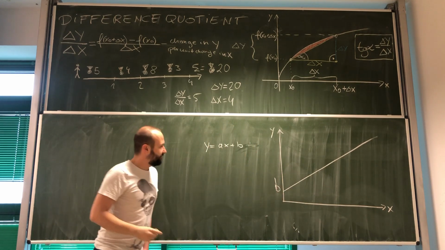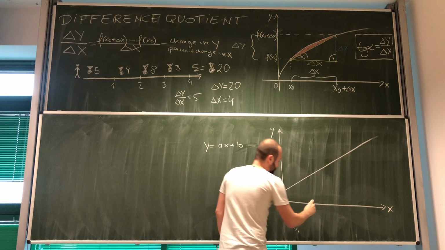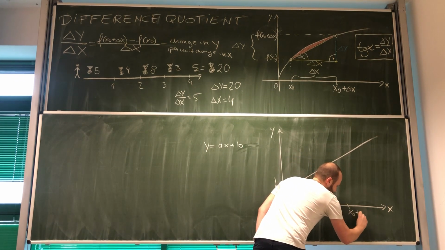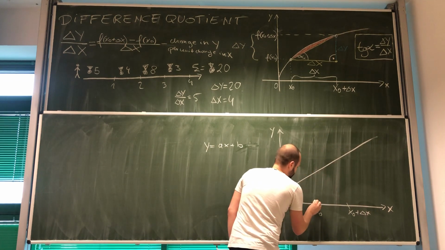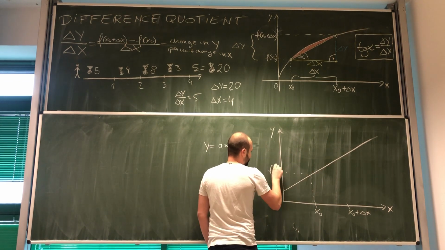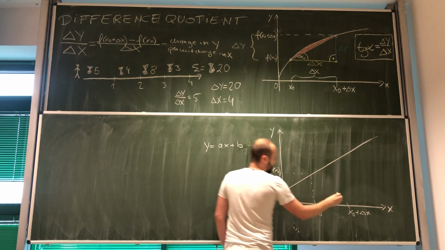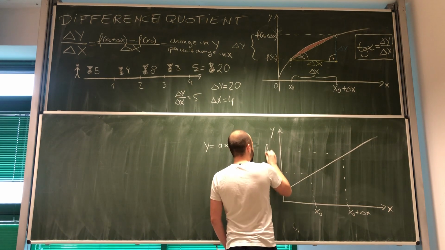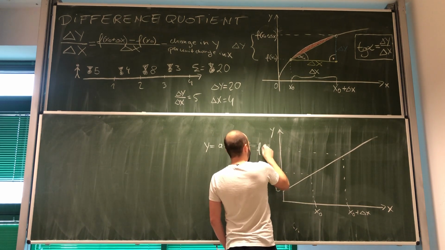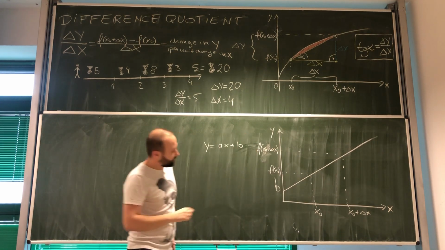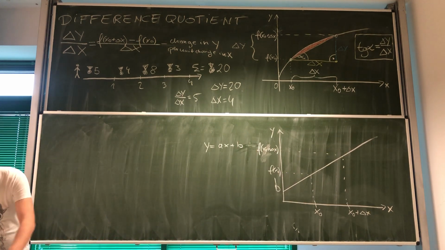Now, if I'm going to calculate difference quotient here I'm going to have some x0, here's some x0 plus delta x, and look, here we will have f of x0, here we will have f of x0 plus delta x.